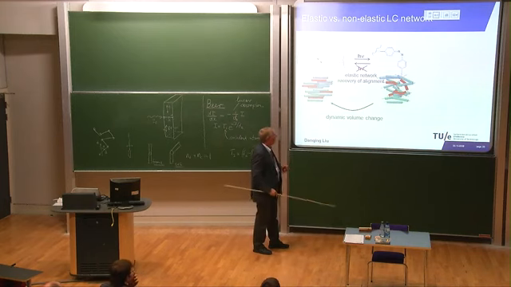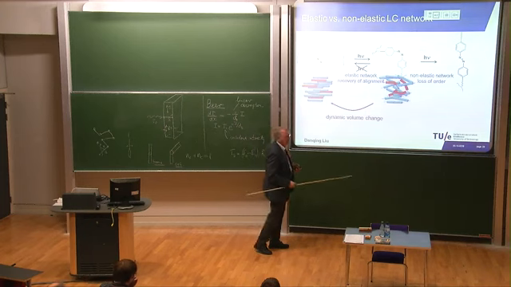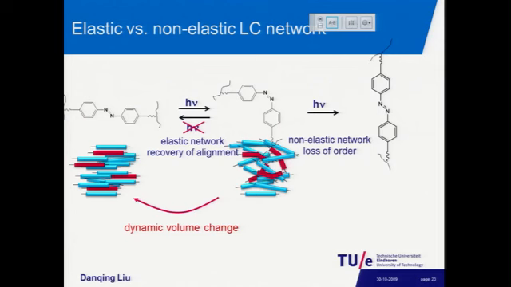Well, so far so good, but sometimes something else might happen. If you have a network which is less elastic than we wanted it to be, the molecules will not turn back to their initial flat state, but they get the opportunity to rotate further. So from the bent state, rather than rotating this part back to here, this part rotates back to here.